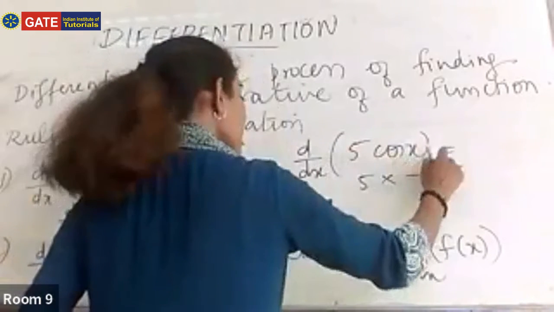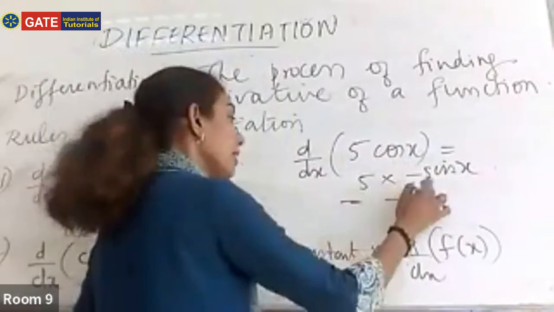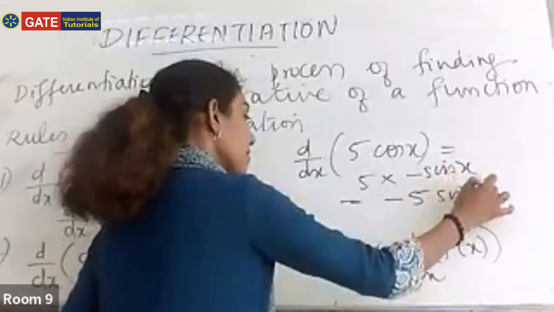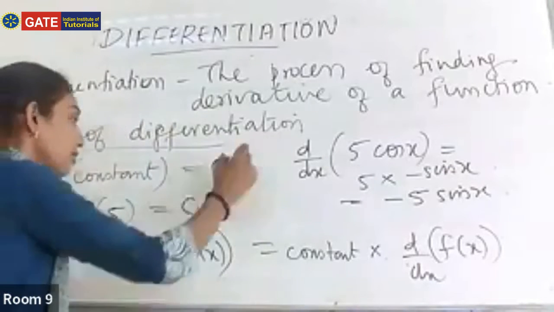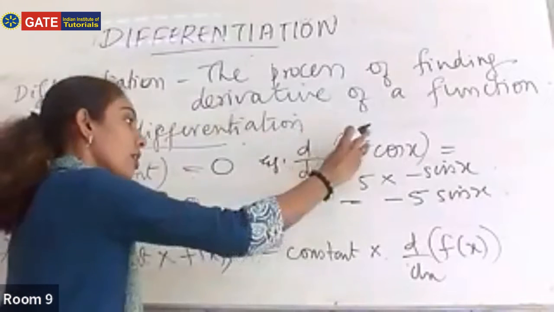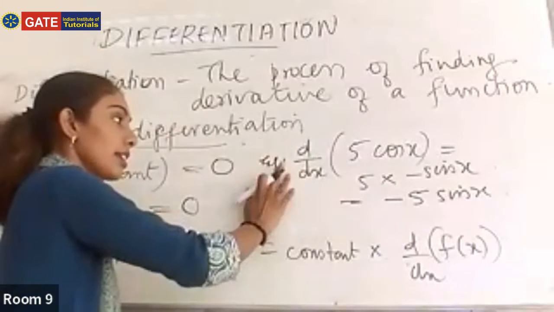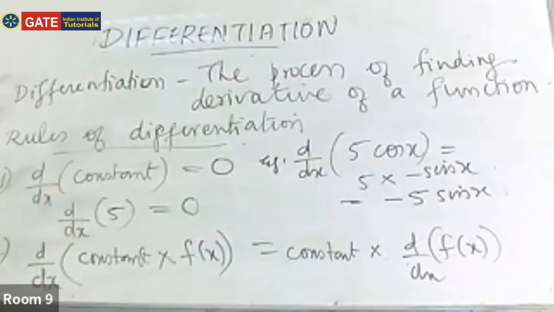The derivative of cos x is minus sin x. So the answer will be minus 5 sin x. Okay. You can just note it down, like for this example. So you can just take that constant, whatever it is there, just take it outside and simply differentiate that function. And that we have learned in the standard formulas.